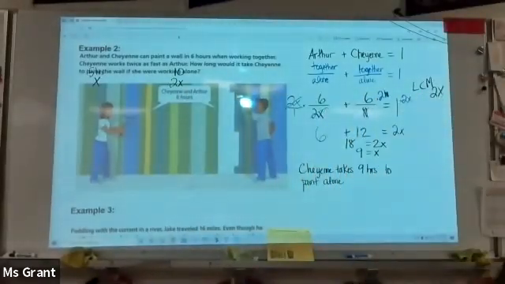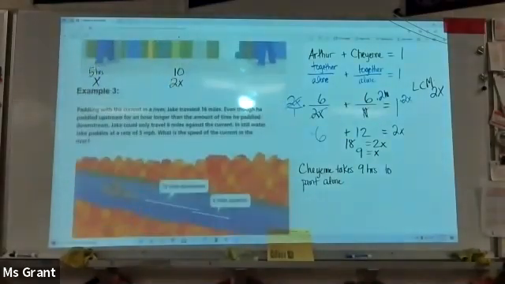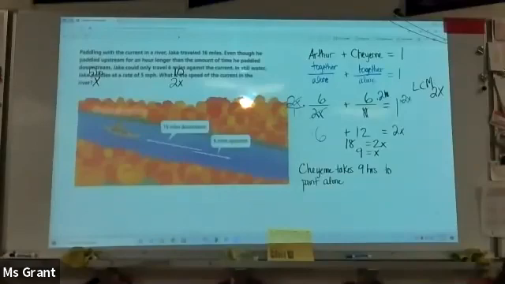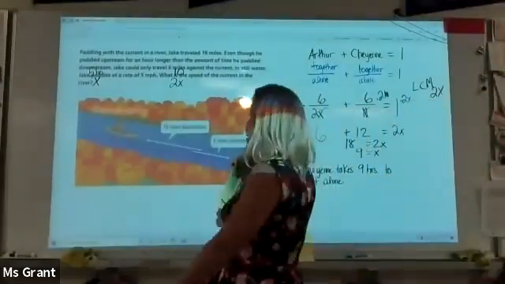So the most difficult part is actually putting the word problem together. I'm going to scroll down. Please read this word problem to yourself.